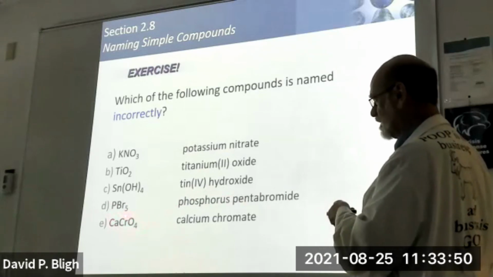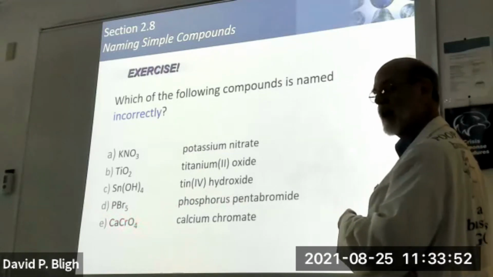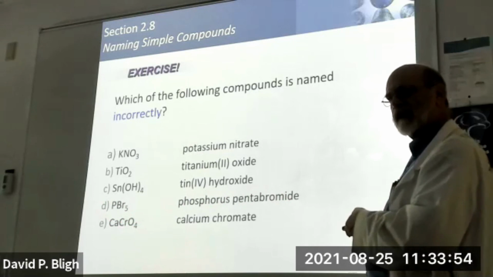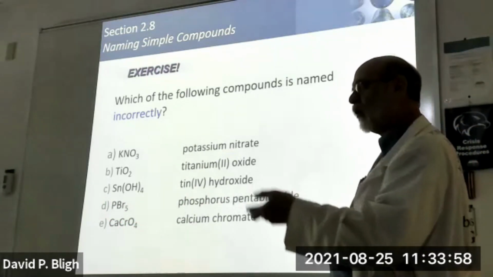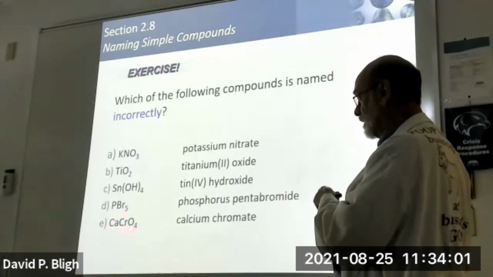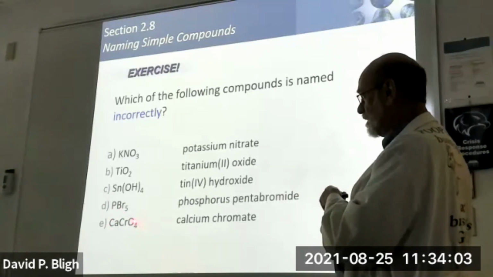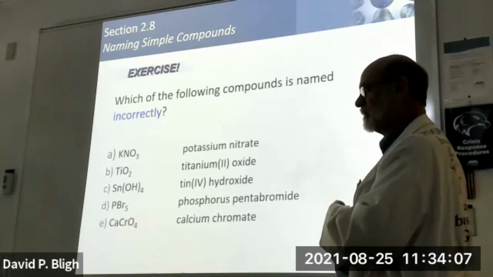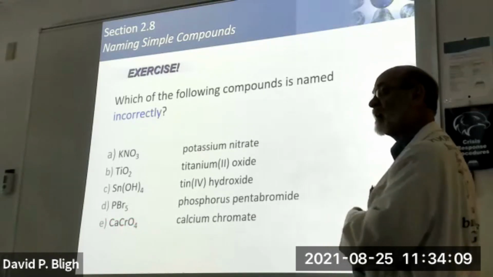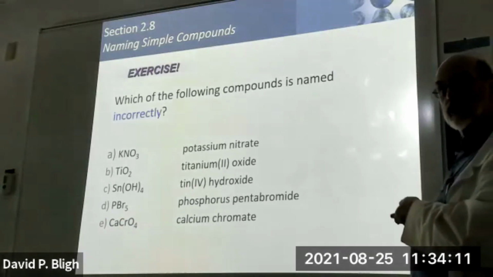What about this one? That's a polyatomic. So how do you recognize polyatomics? Well, if you memorize all of them, of course, you'll know that that's a polyatomic. But one clue is there are 3 or more elements and there's an oxygen in there. A lot of the polyatomics have oxygen in it. So that's a clue.